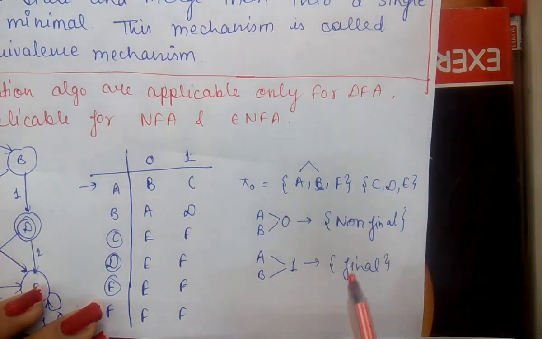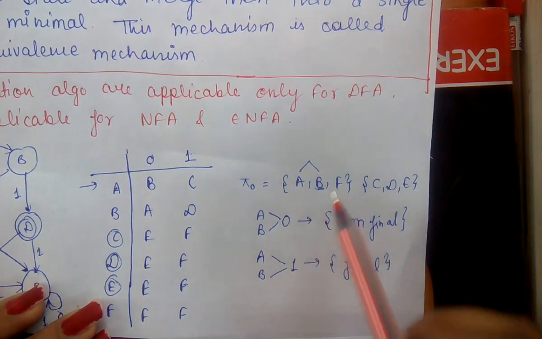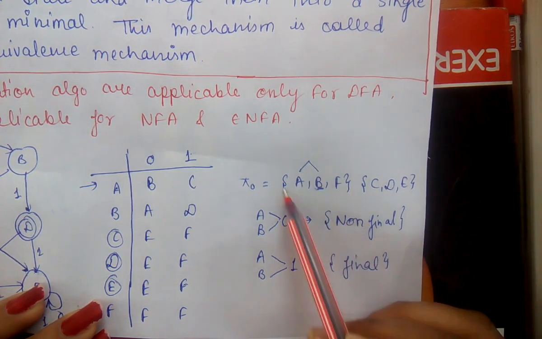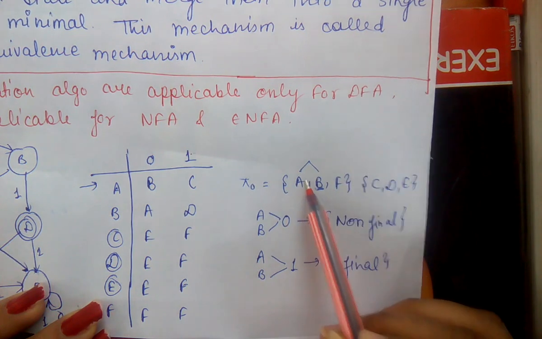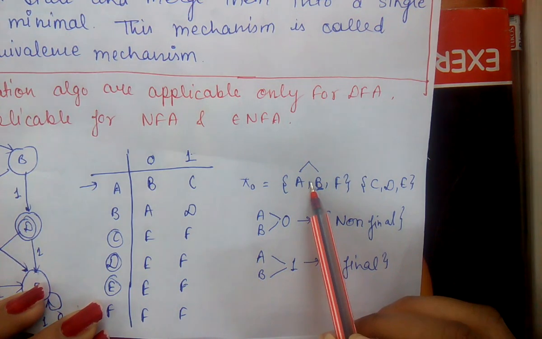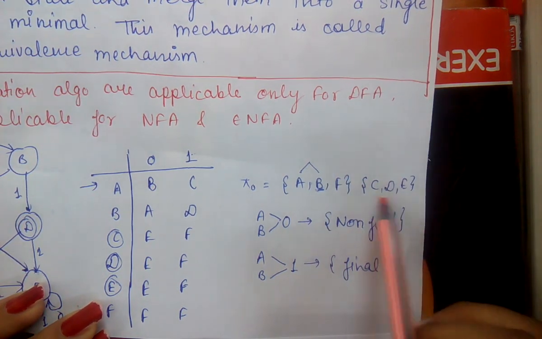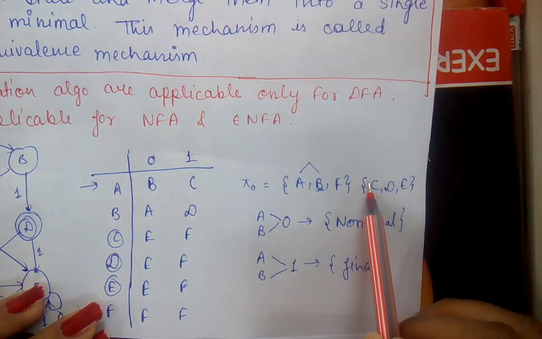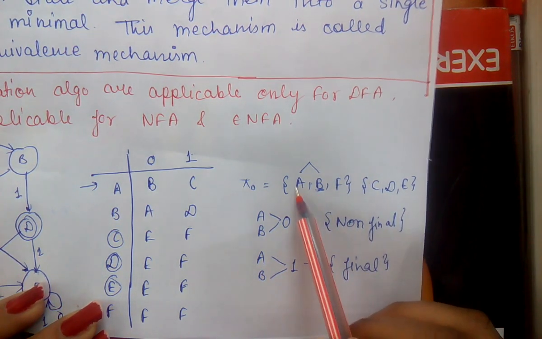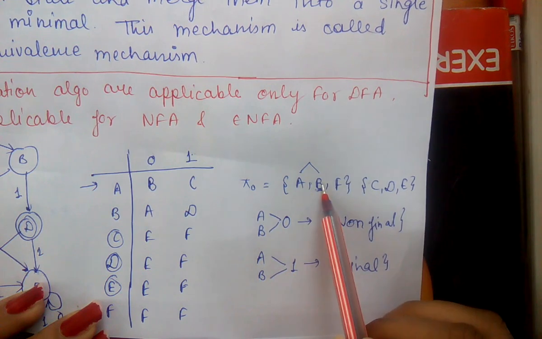In simple words, on giving 0 it belongs to this set only, and when we give 1, it belongs to this set. Now we can merge A and B because A and B are equivalent.